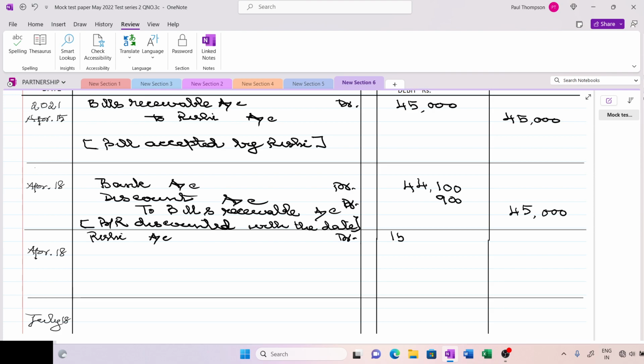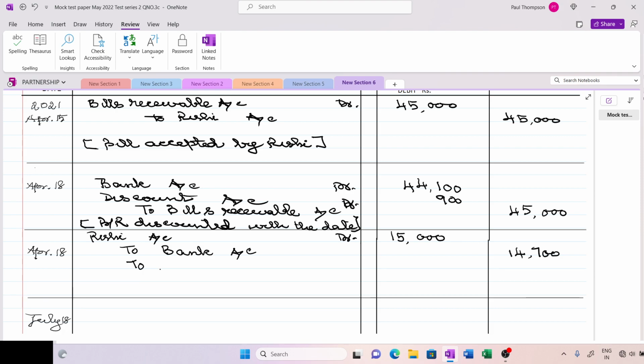So now this Ravi is not going to bear the whole 900. He will be shifting one third of 900 to that fellow. So to bank account, he will be sending less amount, 14,700, because only 14,700 he will send, but he will debit him with 15,000 because Rishi has to bear the discount charges of 300.